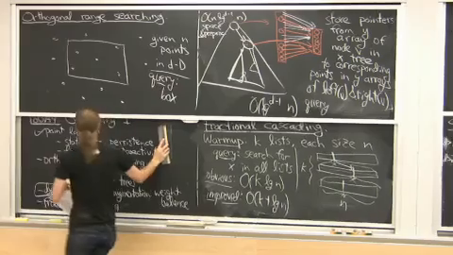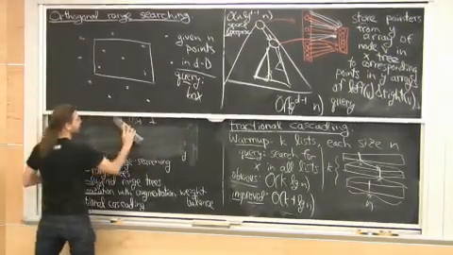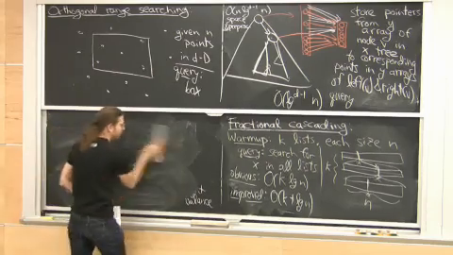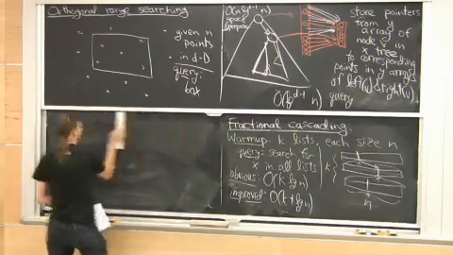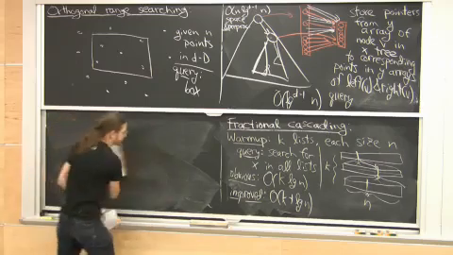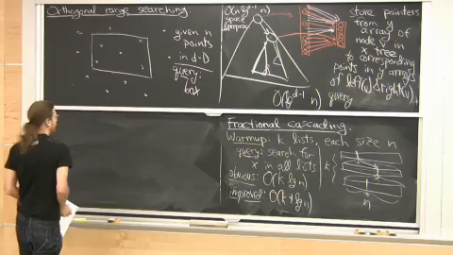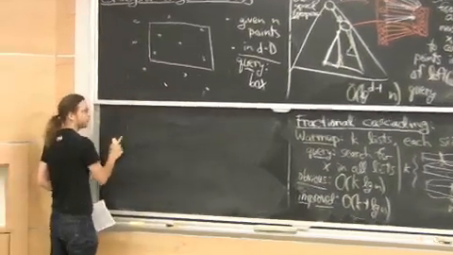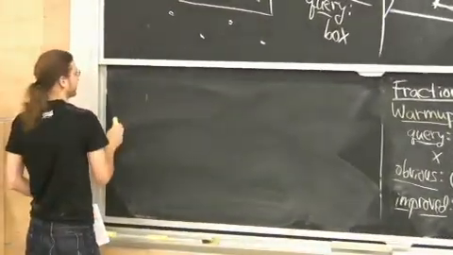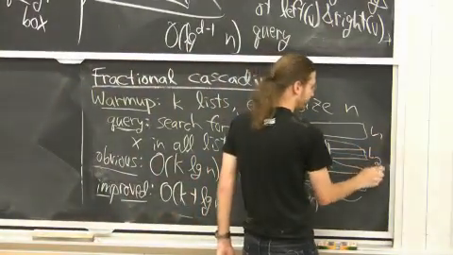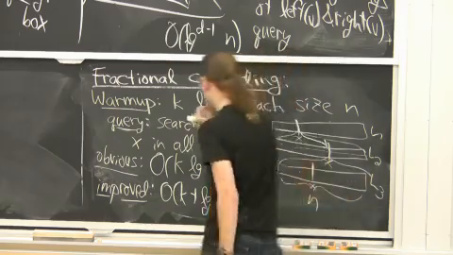So I can erase this now. So what do we do? The idea is very simple. I'm going to call these lists L1, L2, L3, up to Lk.